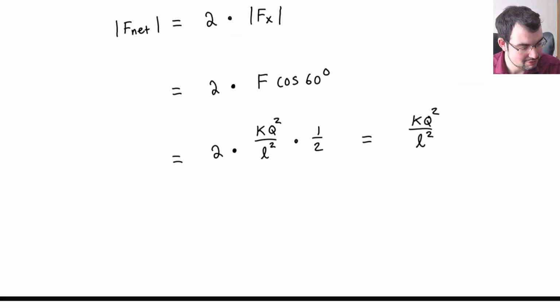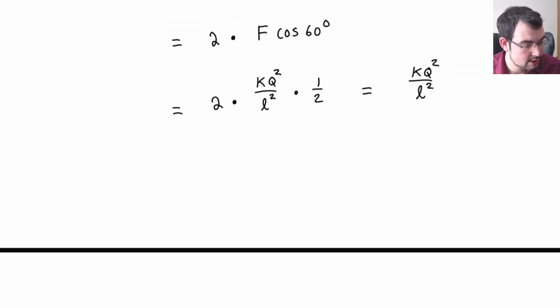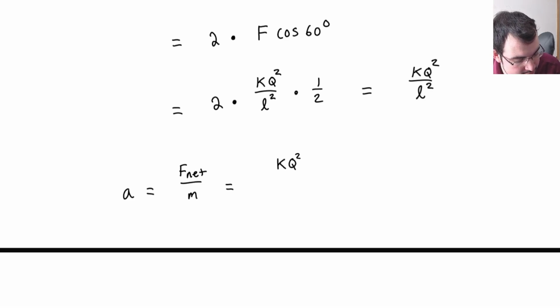So you get the net result as just kq squared over L squared. But that's not quite what we wanted. Acceleration is F over m, so we get kq squared over m L squared.